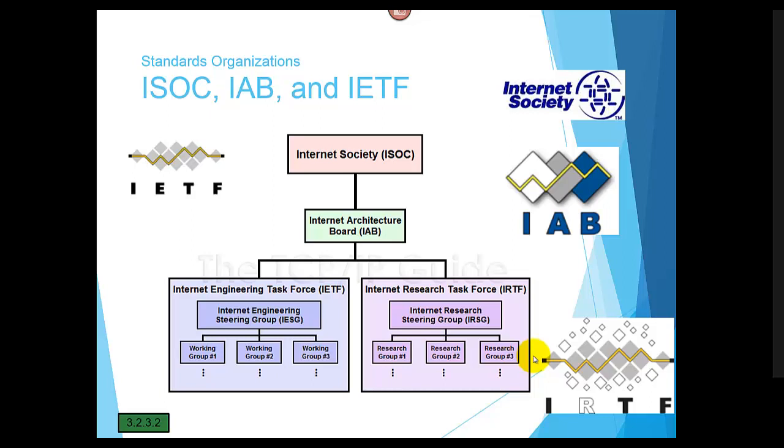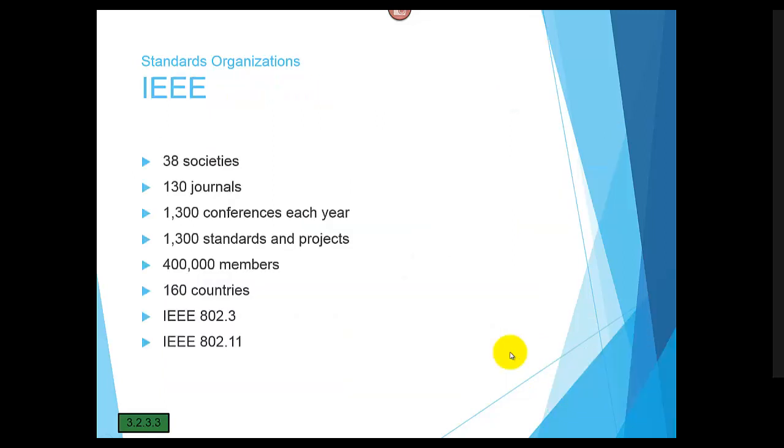An example of open standards would be client, host, and server running different operating systems that can fully exchange data. That's a great thing. The IEEE has 38 societies, 130 journals, 1,300 conferences a year, 1,300 standards, and 400,000 members. This is one big organization.